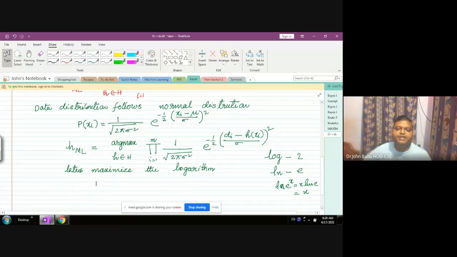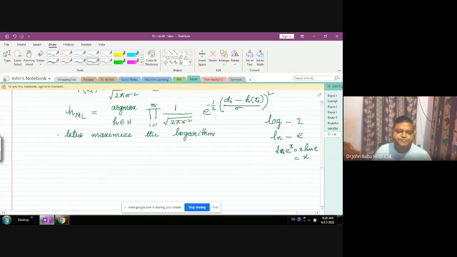So the maximum likelihood hypothesis is equal to the maximum of h belongs to H. Instead of the product, the sum, i equal to 1 to m.